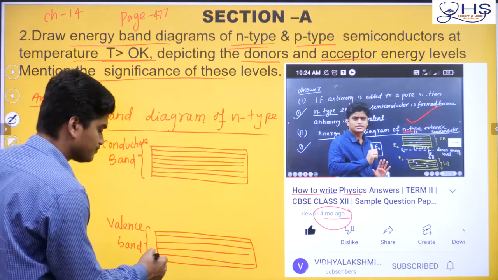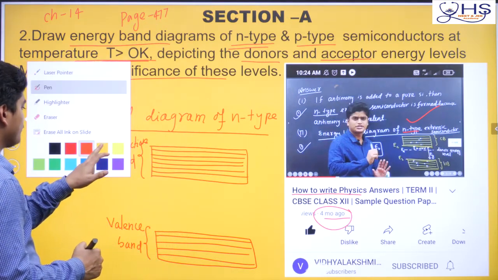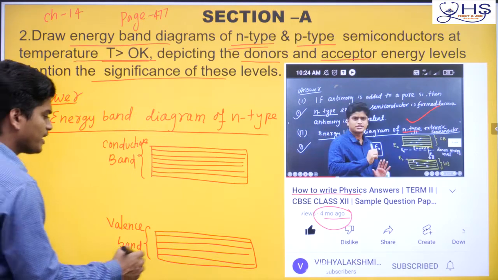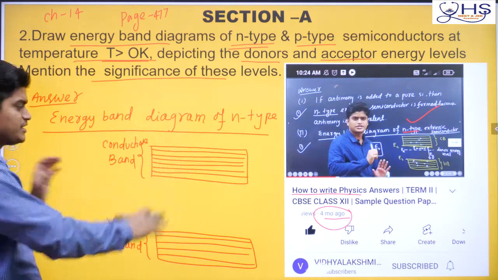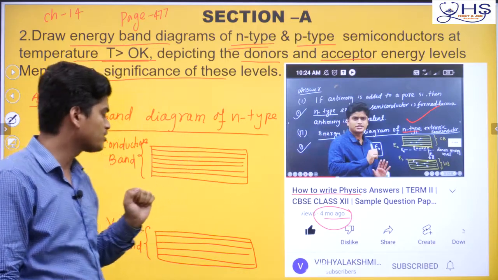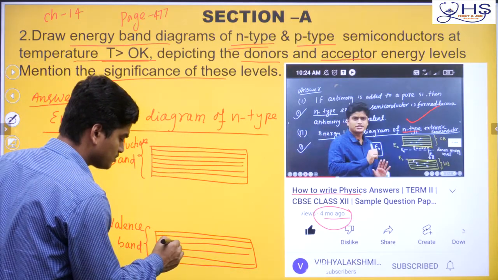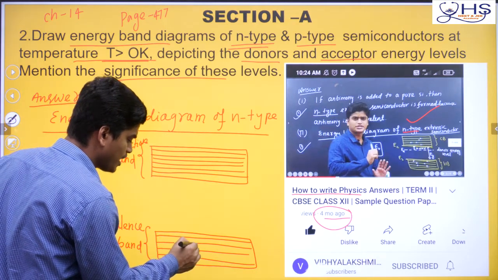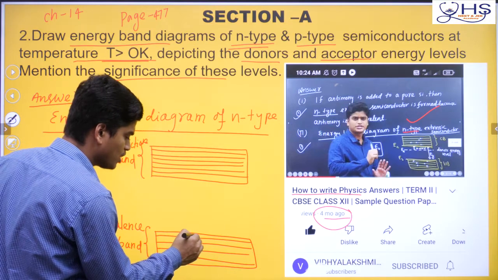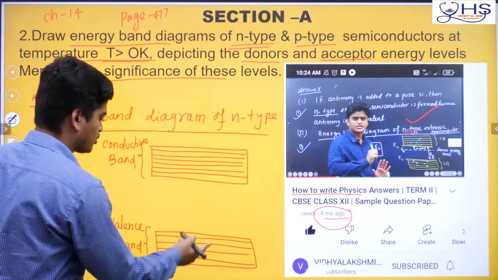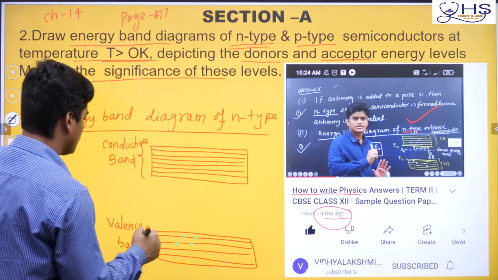Now what do you need to do next? You have to put some electrons. If it is N-type, then in the conduction band there will be more electrons, so let me put some electrons here. Remember each line will contain 2 electrons, or either one electron and one hole. For holes I'll use another color.